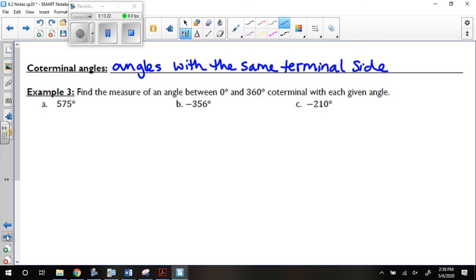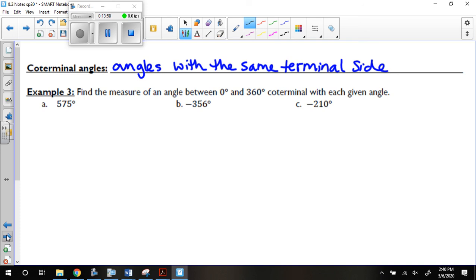Okay, so we've got a 575 degree angle. Hopefully you know that since all the way around a circle is 360 degrees, this is going more than once around our axes. Like we're starting at 0, going all the way through to 360, and then we keep going to 575.